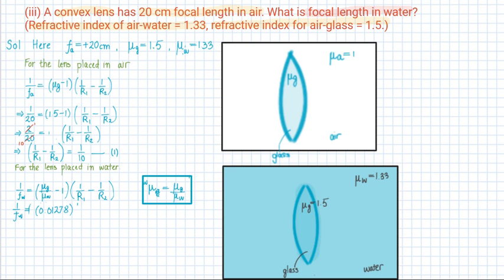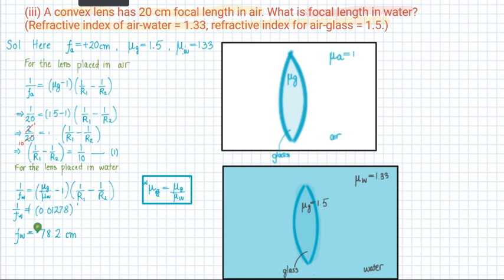So my focal length FW equals, you can use your calculator, 78.2. And in which unit are you measuring? Centimeter. Therefore, the focal length should be 78.2 centimeter.